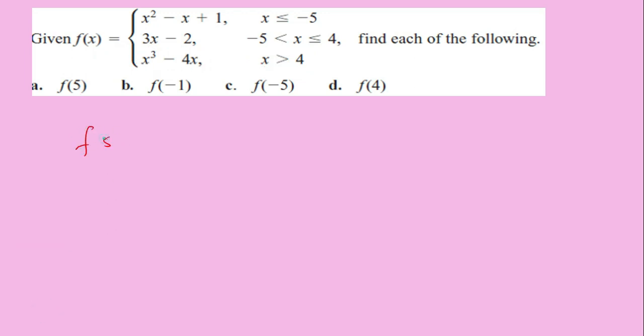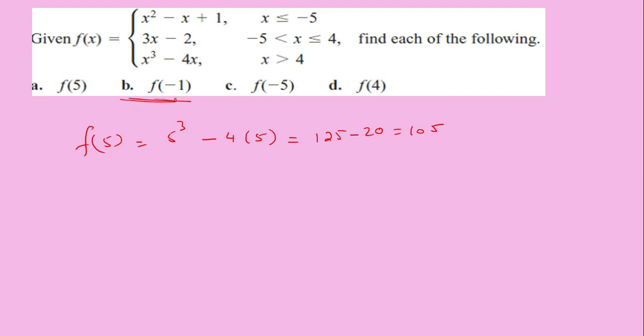So f of 5 is 5 cubed minus 4 times 5. You can do it. 5 cubed is 125, minus 4 times 5, which is 20. This is 105.